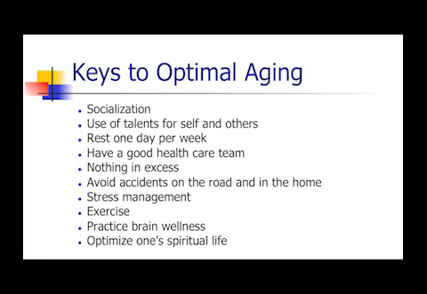Certainly it's more effective when applied early, but looking at the potential for the brain to take care of itself as much as possible is very important. And finally, on the keys to optimal aging, we have to optimize one's spiritual life. The data is really incontrovertible that patients who have a healthy spiritual life do generally do better.